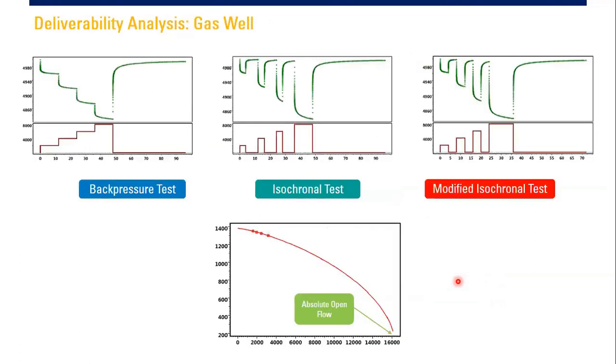For example, we can do back pressure test, isochronal test, and modified isochronal test. Okay, and the same thing by using this multi-rate test, for example, we can get four data and then plot them in this plot to construct IPR for gas well or for gas reservoir.